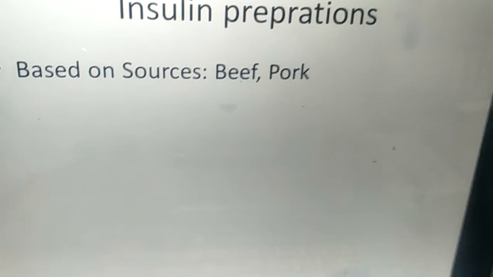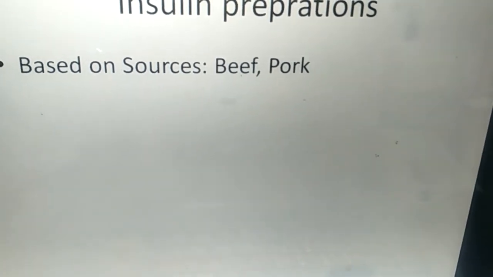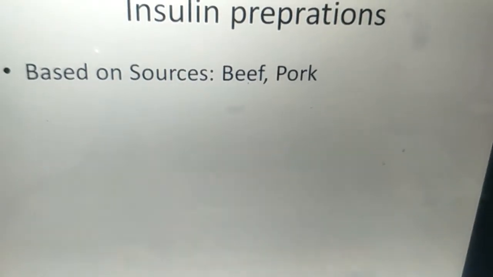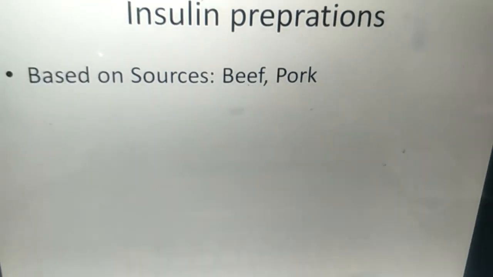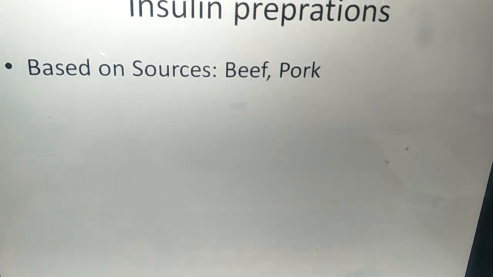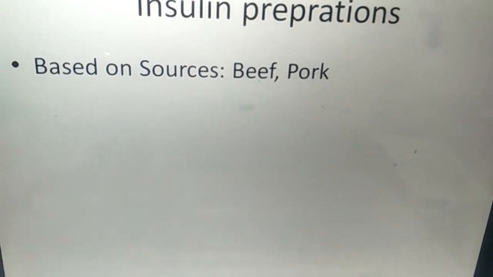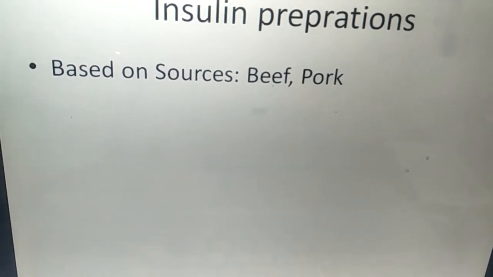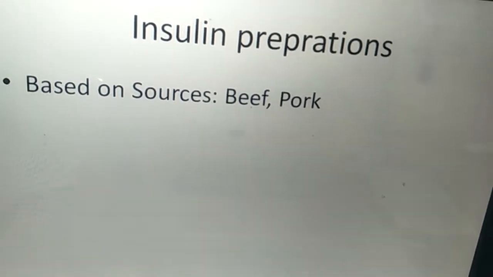We get insulin for medicinal use from beef and pork. The bovine insulin differs from human insulin in 3 amino acids, whereas the pork insulin or porcine insulin differs from human insulin only in sequence of 1 amino acid.